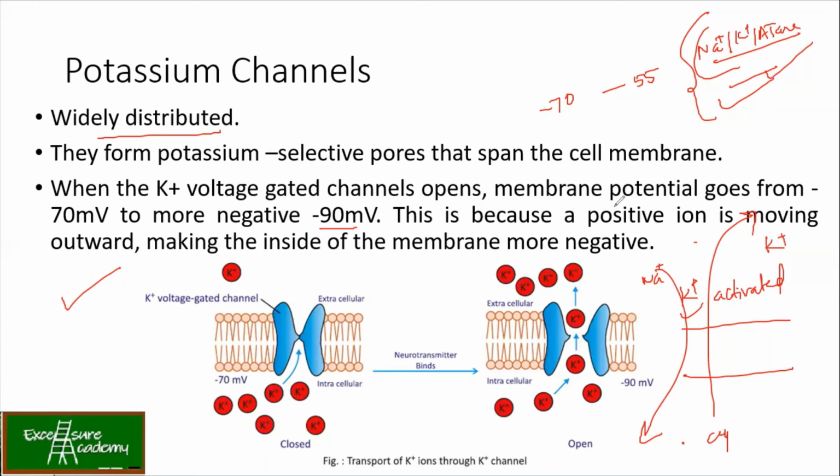For now, remember this much: when the Na plus channel opens, Na plus goes from outside to inside. When the K plus channel opens, K plus goes from inside to outside. Okay, now if I ask you the question why this is happening, what will be your answer?